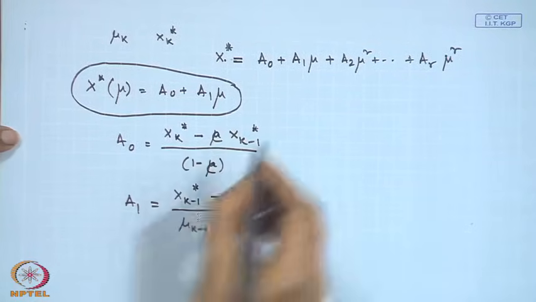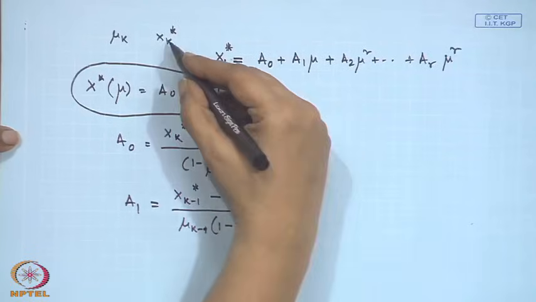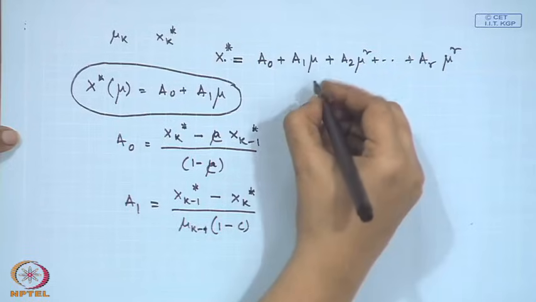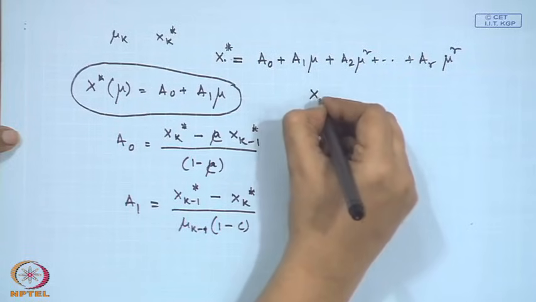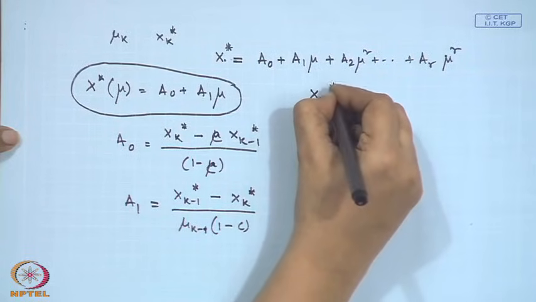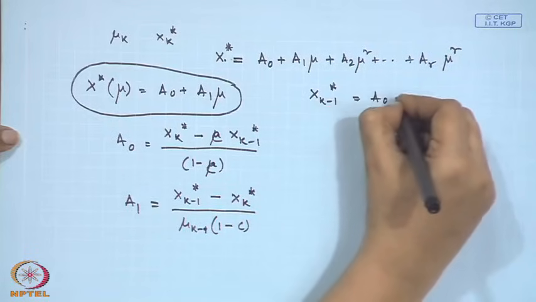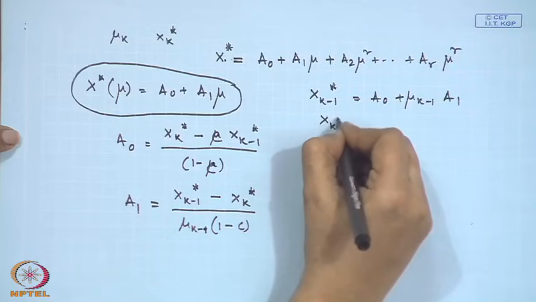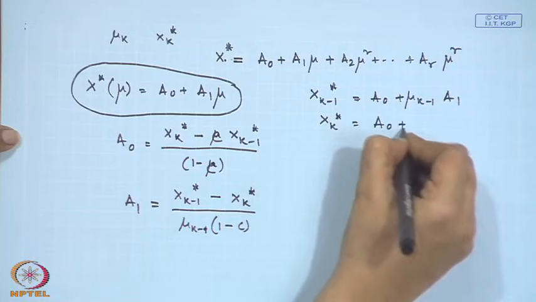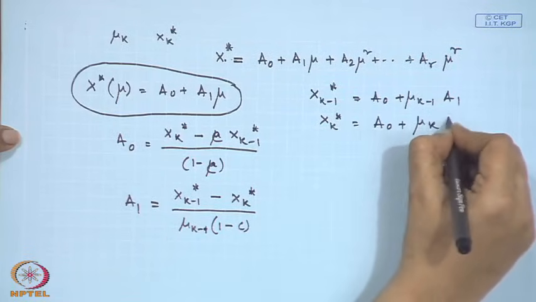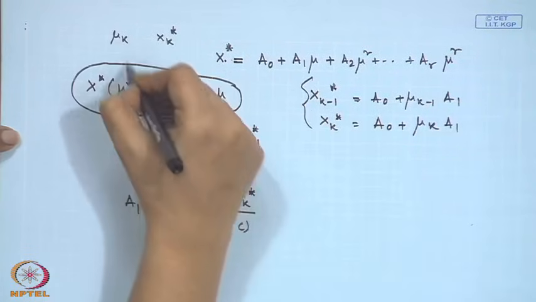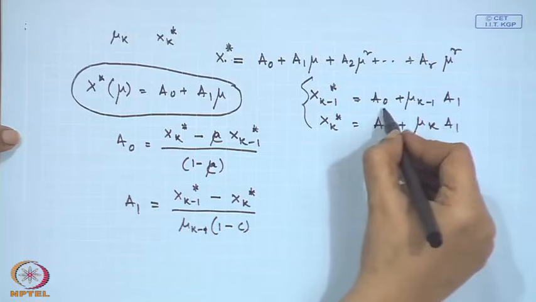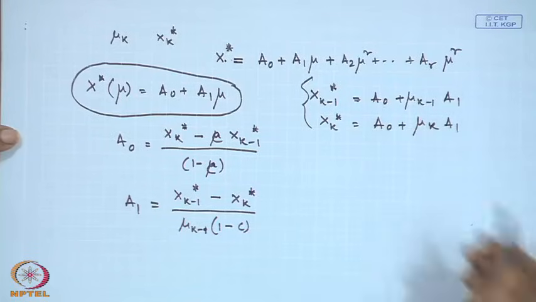How we are reaching that, let me just tell you. Say we have 2 points, x k star and x k minus 1 star. So x k minus 1 star is equal to a0 plus mu k minus 1 times a1, and x k star is equal to a0 plus mu k times a1. That we get from the sequence of values. We need 2 equations for 2 unknowns, because a0 and a1 are the only 2 unknowns here.